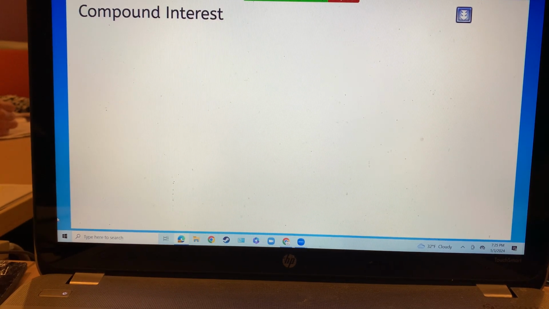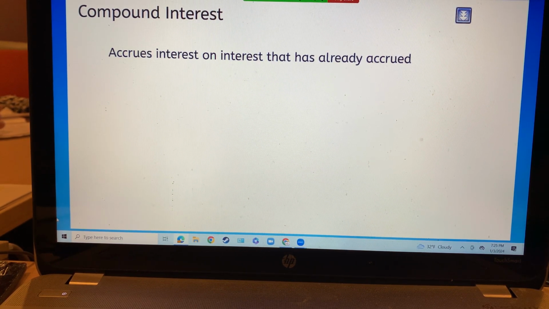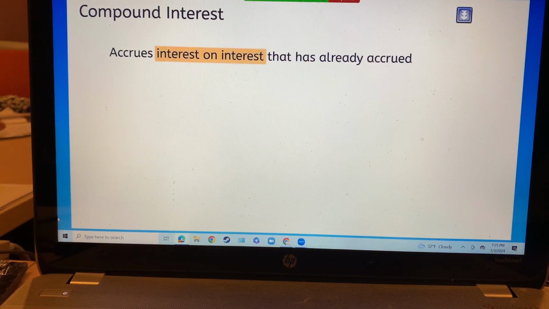In the last video, we mentioned savings and checking accounts, which utilize compound interest instead. Compound interest is, well, it's not simple. See, compound interest accrues interest not just on the principal, but also on the interest that has already accrued. In other words, you pay interest on the interest.